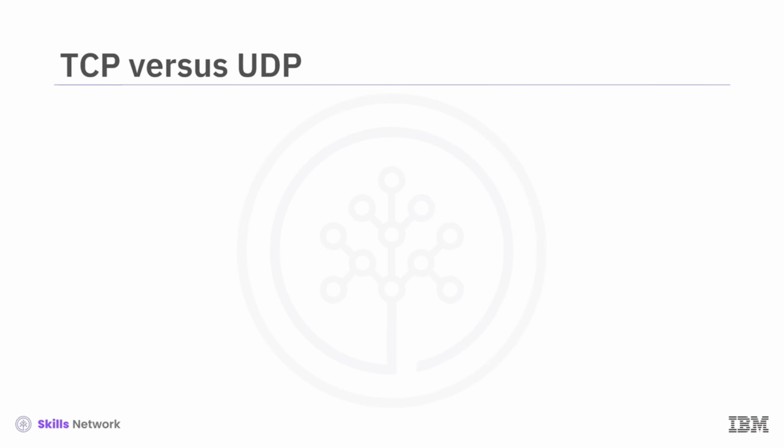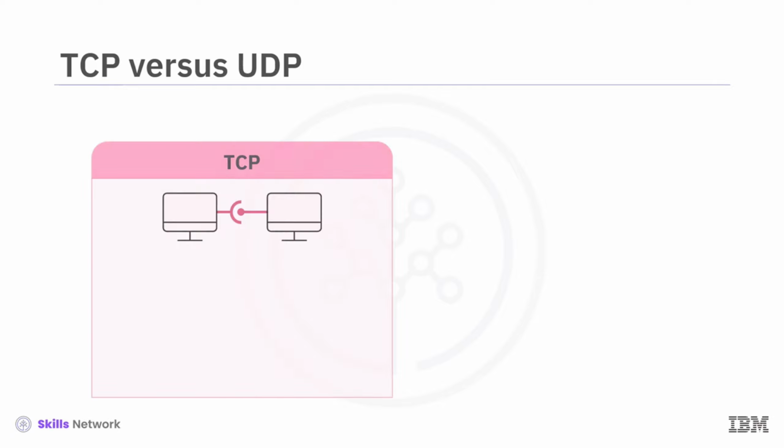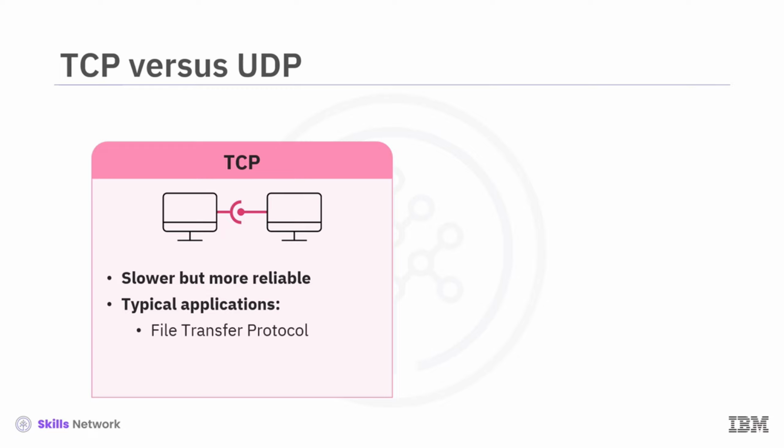Transmission Control Protocol, or TCP, and User Datagram Protocol, or UDP, are two primary Internet protocols. TCP guarantees that sent data makes it to its intended recipient. It's slower and requires more resources. Typical applications include File Transfer Protocol, or FTP, web browsing, and email.